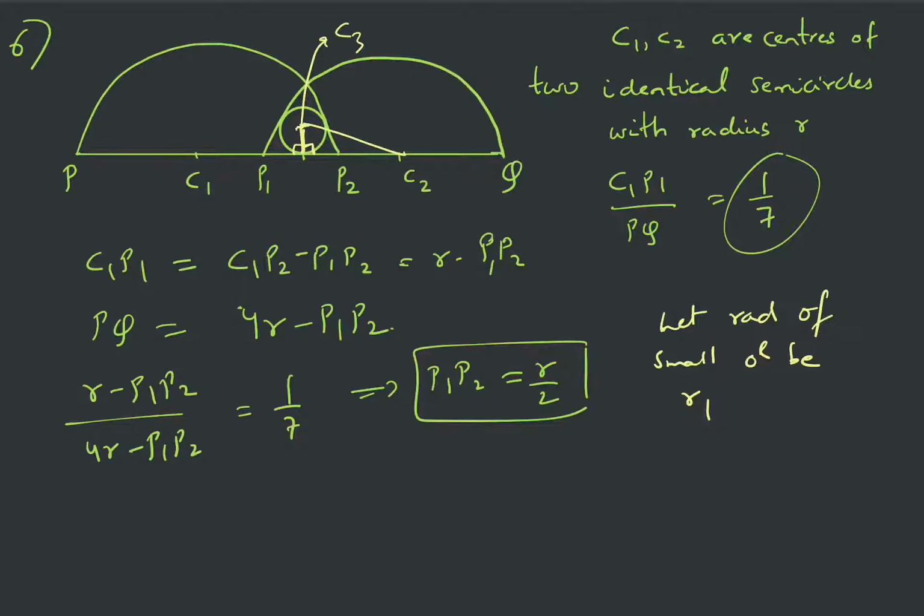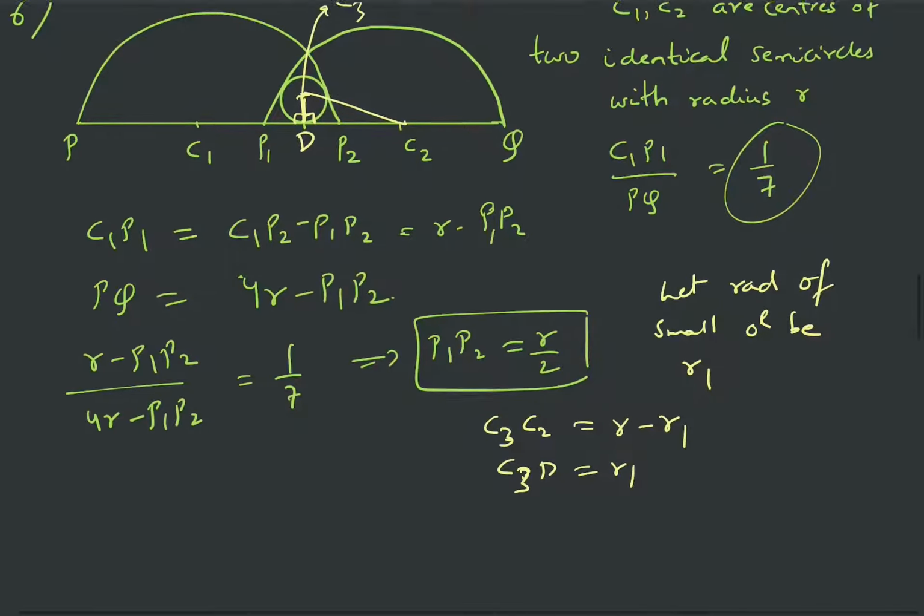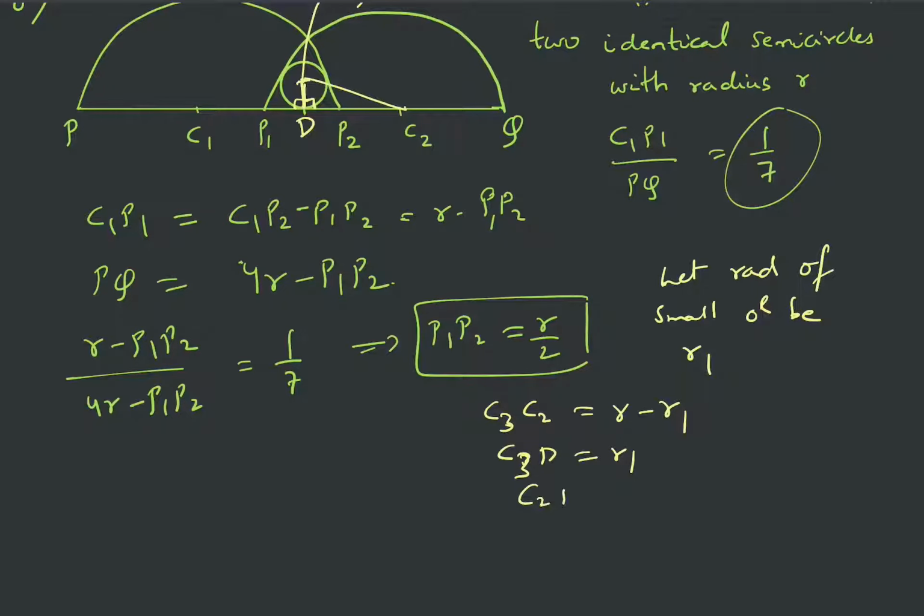So what is C3 C2? C3 C2 is nothing but r minus r1, because if two circles touch internally, then distance between their centers is the total distance r minus this radius r1. Okay, and anyways we know that the perpendicular C3D is small r1.